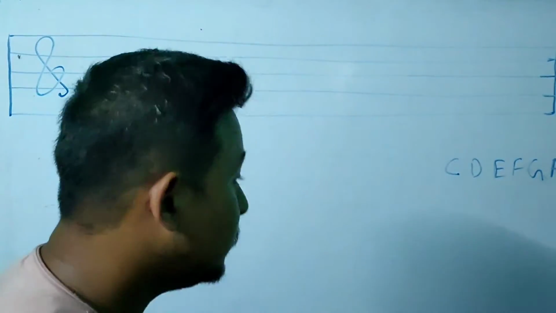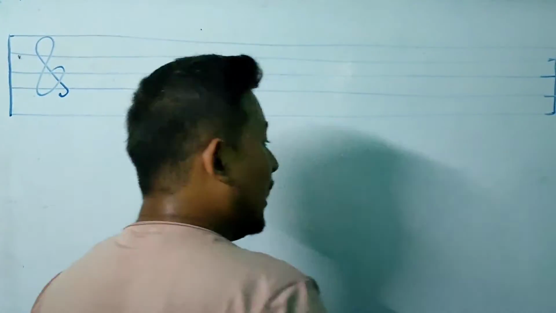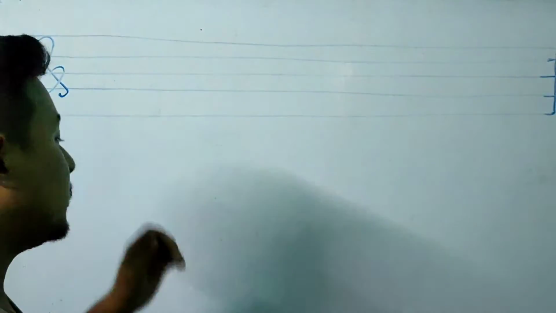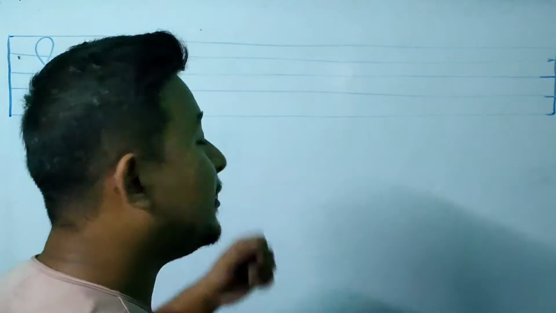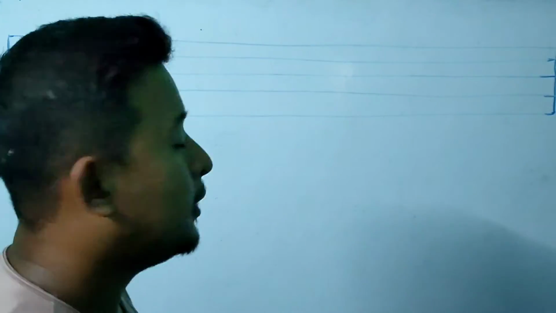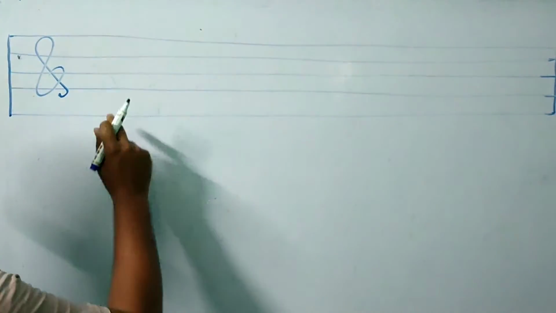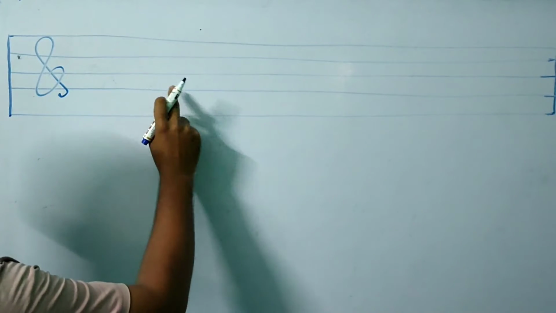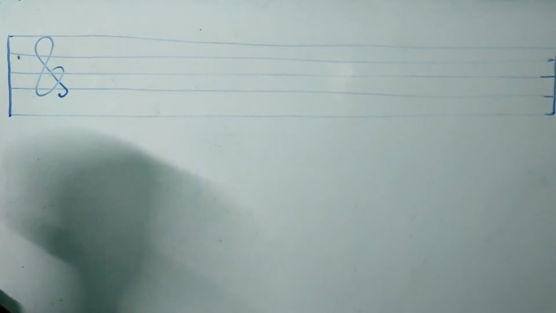Okay, so how to write or how to identify these notes in a staff? Okay, so first, let's talk about the spaces, the 4 spaces.